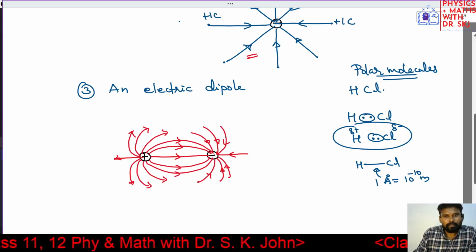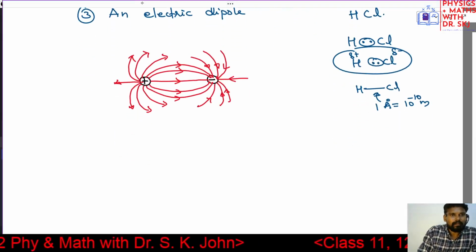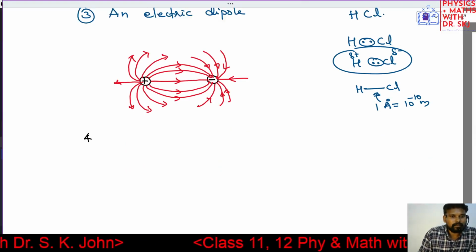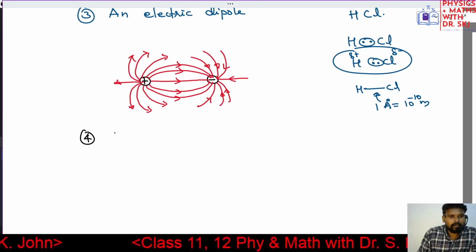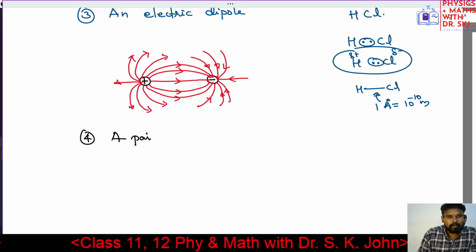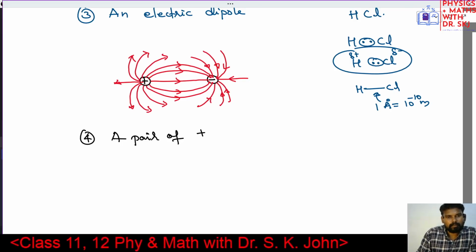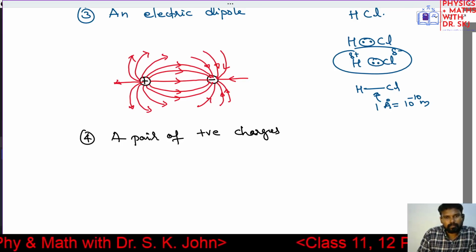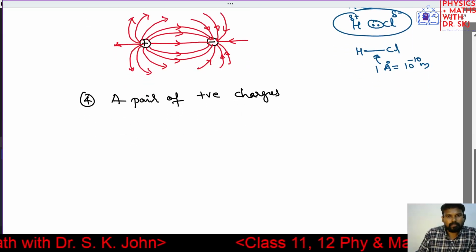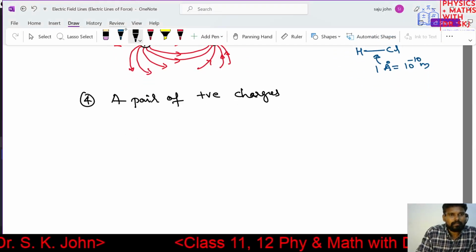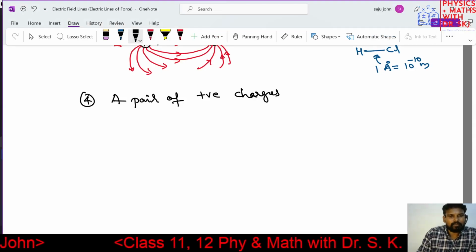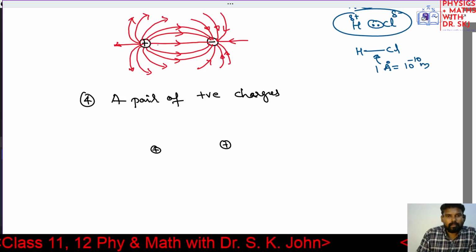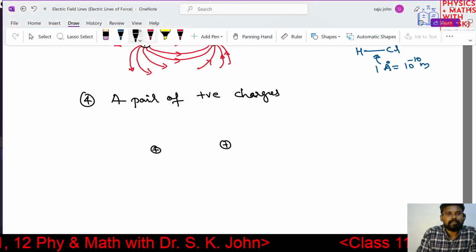Okay, now suppose there is a pair of positive charges which are very close to each other. In that case, how can we draw the field lines? You know that there will be repulsion between these two charges.